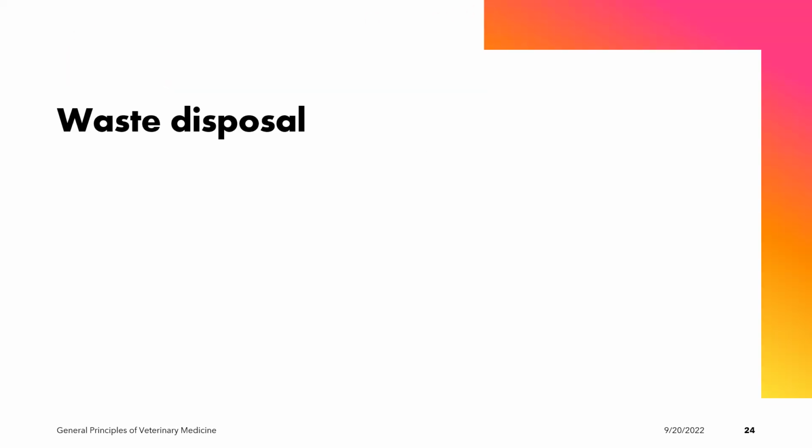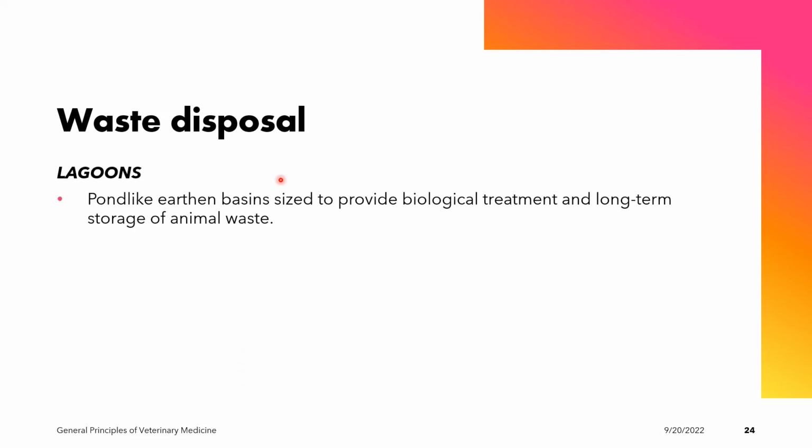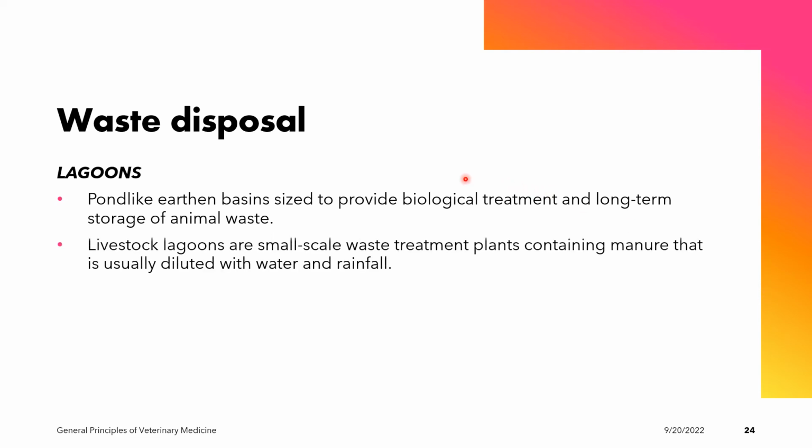So basically, when we say lagoons, these are pond-like earthen basins sized to provide biological treatment and long-term storage of the animal waste. What happens here is that there is enhancement of the microbial digestion of the organic matter, thereby reducing the land area requirement for disposal by 50 to 75%.